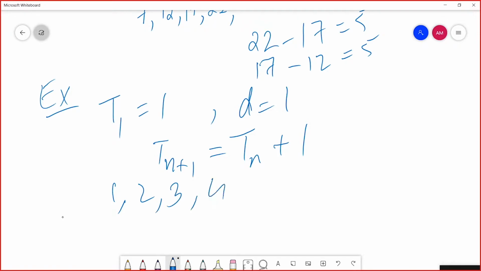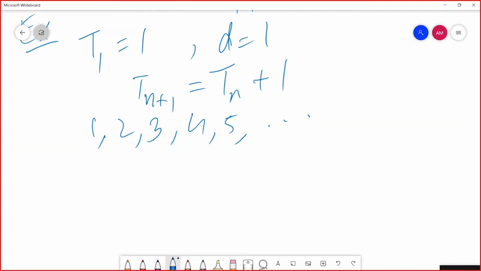Very nice. Let's draw it for a change. T1 is 1, then we have 2, then 3, then 4.